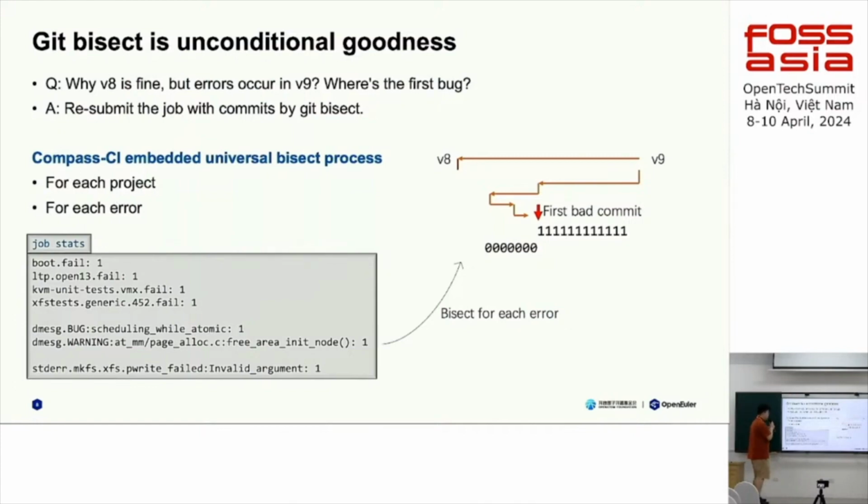Compass CI will find the first bad commit for it. It will consistently submit the same job with different commit hashes, and totally find the first bad commits for all the errors. So it will make it easy for you to find out what the root reason for the error is.